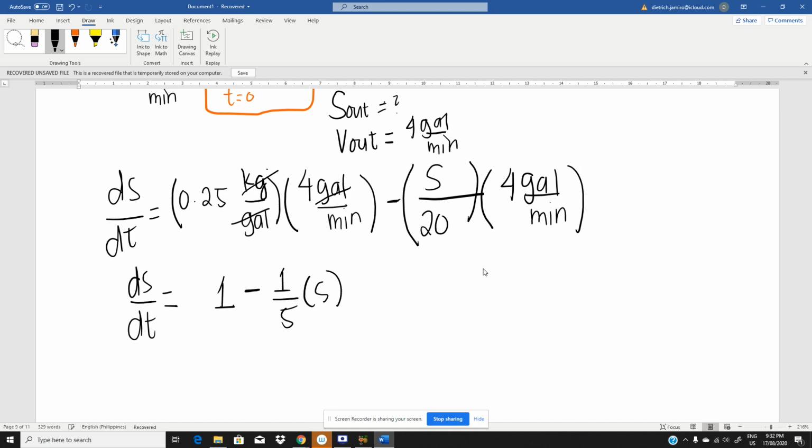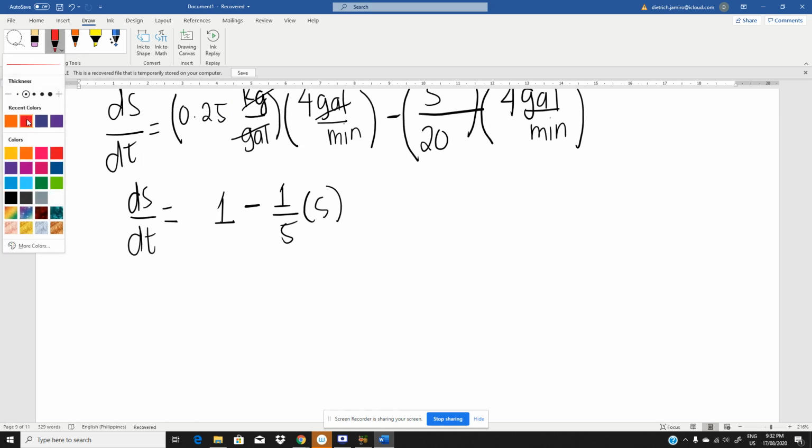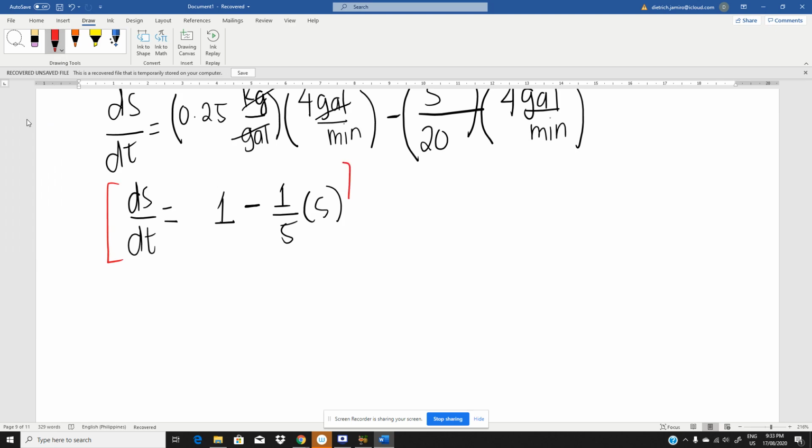multiplied by s. And then multiplying both sides of the equation by 5, we will have 5 ds over dt is equivalent to 5 minus s.